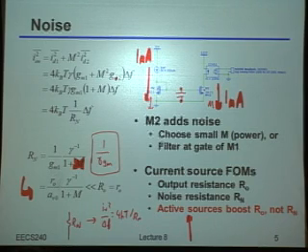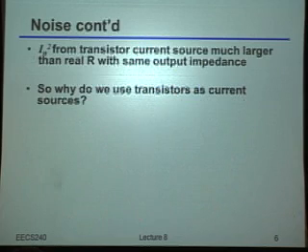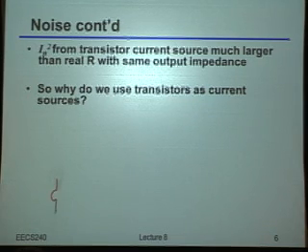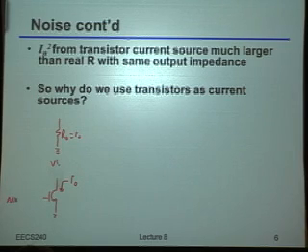Okay? So the natural question that this may bring you to ask yourself is, well, okay, hang on. What we just said a second ago is that if I took a transistor and I measured that it has a certain ro of output impedance, and I measured the noise flowing through that transistor, and I compared it, for example, with just a resistor whose value was equal to that output impedance, we just said that this transistor would have more noise.